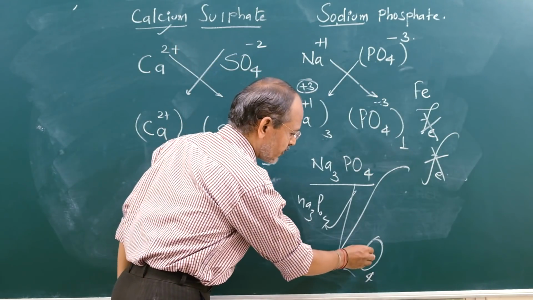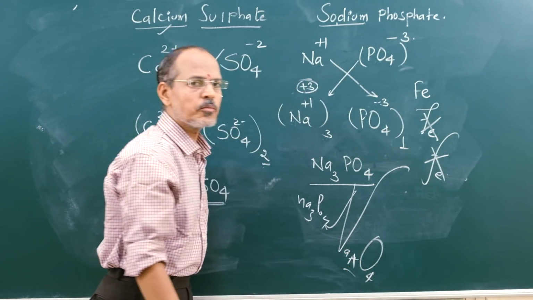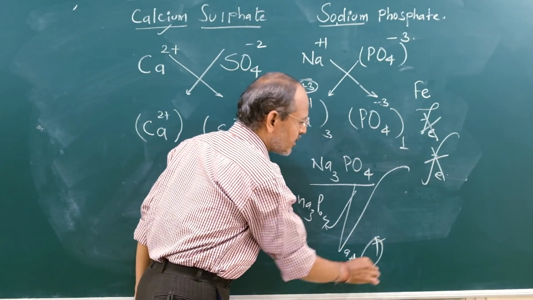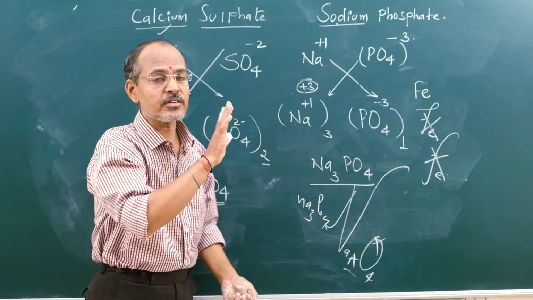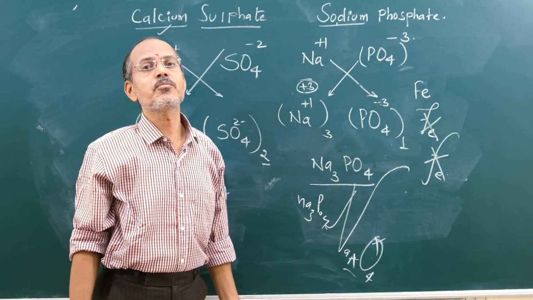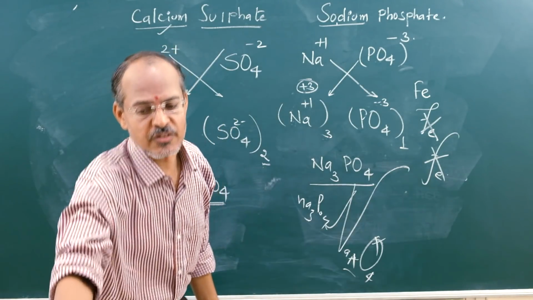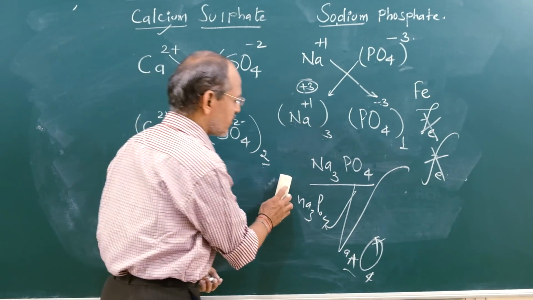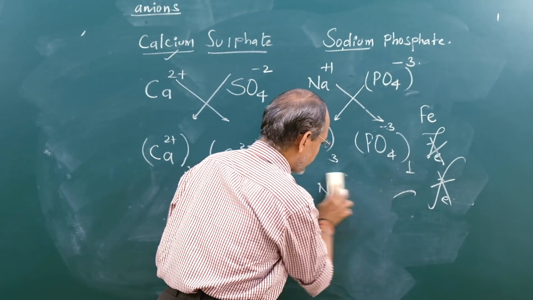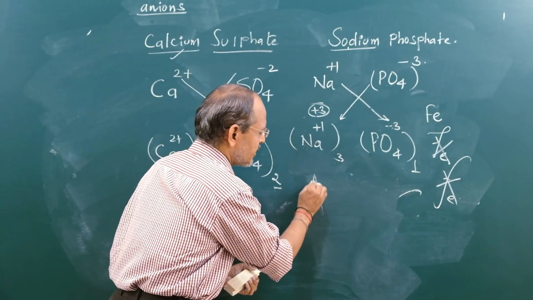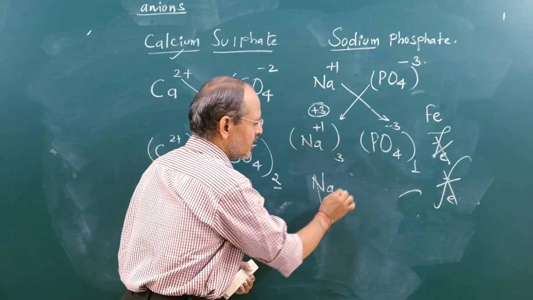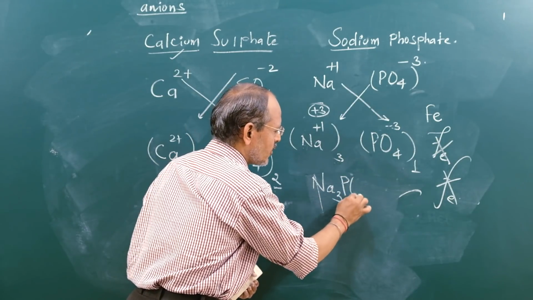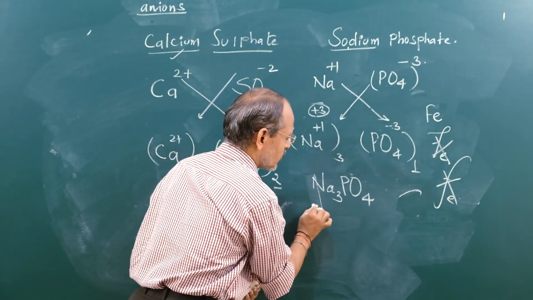Phosphorus very small and oxygen very big, or phosphorus big and oxygen very small, is also totally wrong presentation. The presentation should be like this: Na3PO4. This is the way.